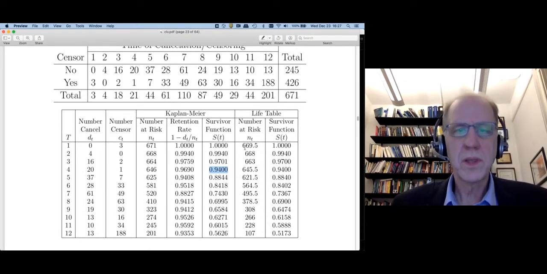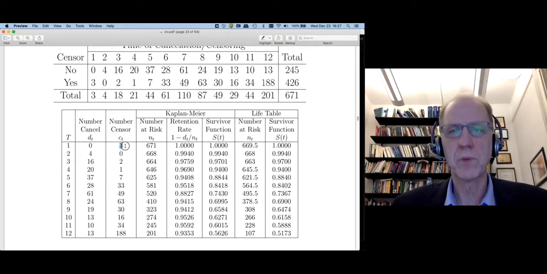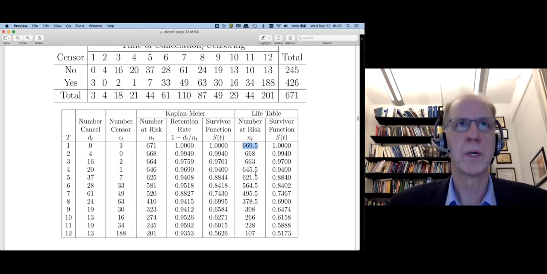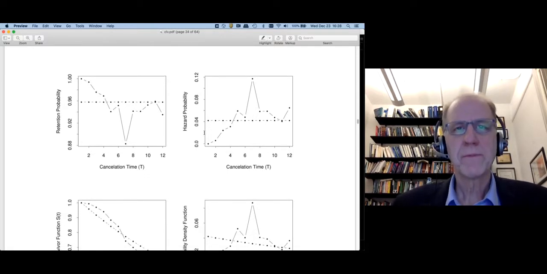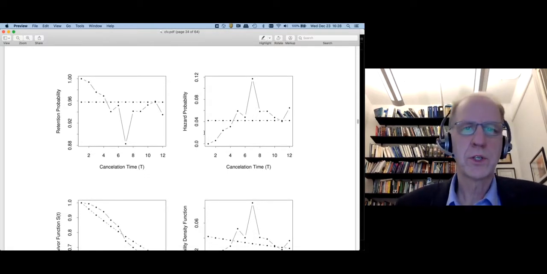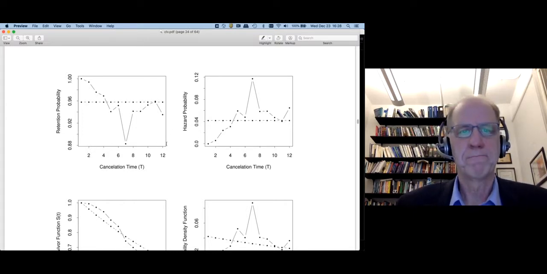If I were to do a life table approach, I'd assume that only half of these are at risk, and that's why these numbers are slightly different. Let's not worry about that for now, since it's not going to be used much with the lifetime value problems that we're estimating. Having found the survivor function and the retention rates, I can graph them.